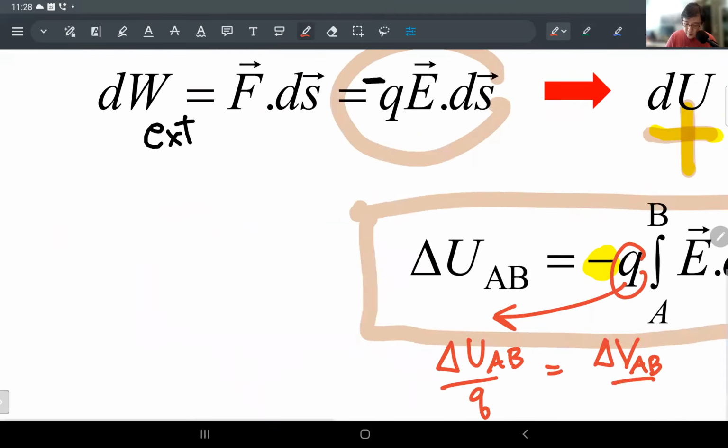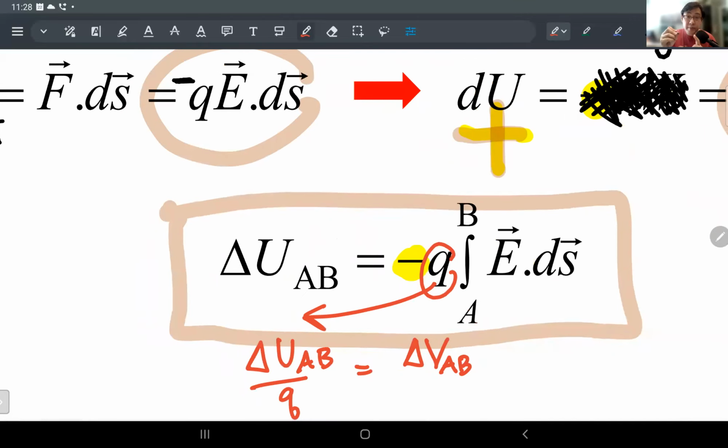You're going to call it the energy change per unit charge turns into potential change. Yeah, drop the energy. It's just the change in the potential.